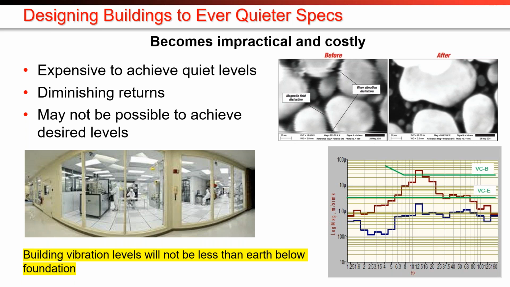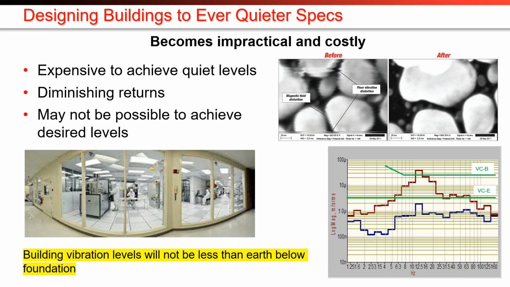Buildings are structures, and structures amplify noise. They don't isolate it. So at some point, you can't get past the vibration levels that are on the earth at the site you're locating the building. So there's kind of a dead end here. As you need to design quieter and quieter buildings, at some point it becomes impractical or even impossible.